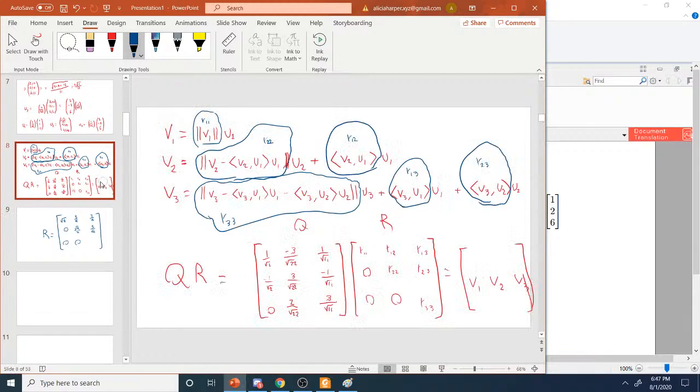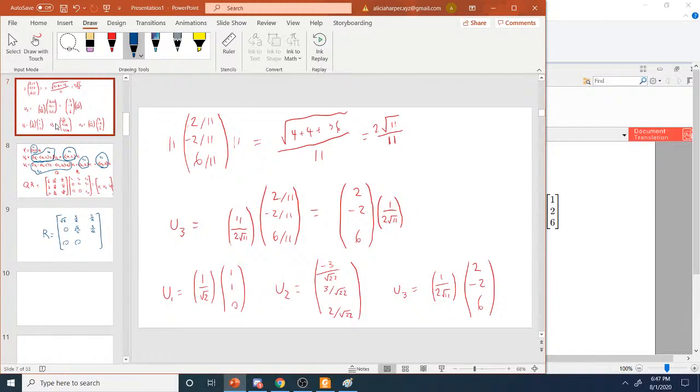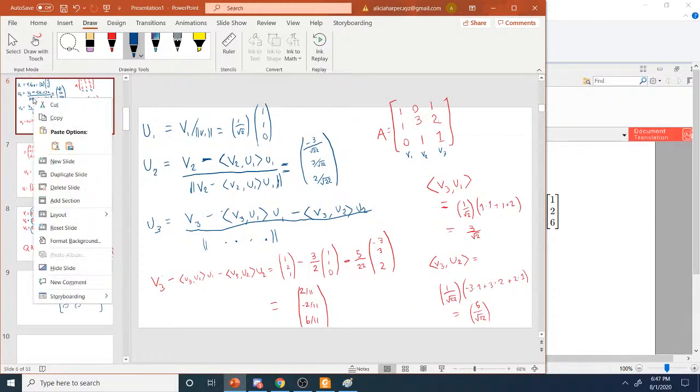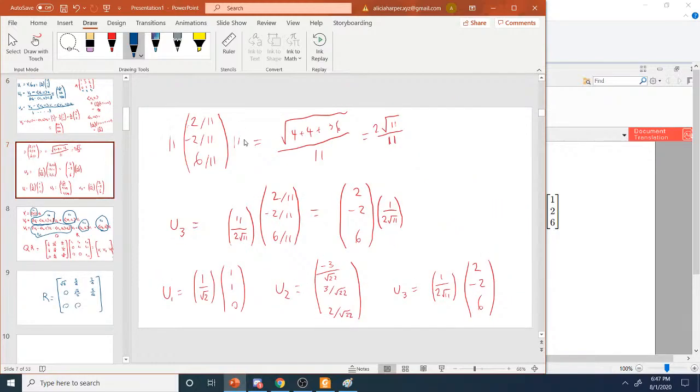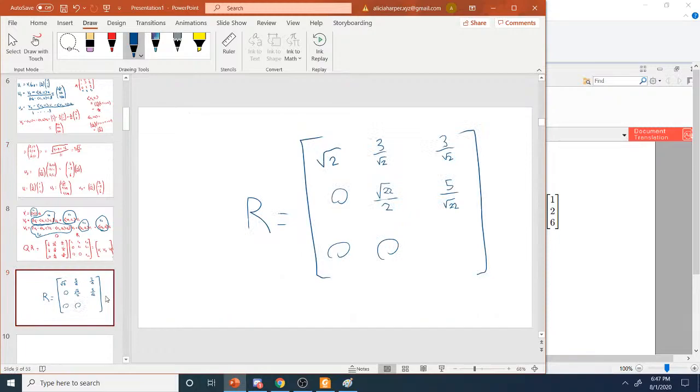And finally, what we need to know is what R33 is, but it's precisely going to be the magnitude of this vector, which we computed on this slide. Actually, no, it was the next one. We computed that the magnitude of this vector right here was 2 times the square root of 11 over 11.